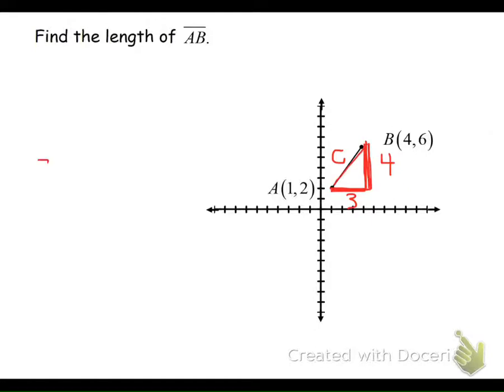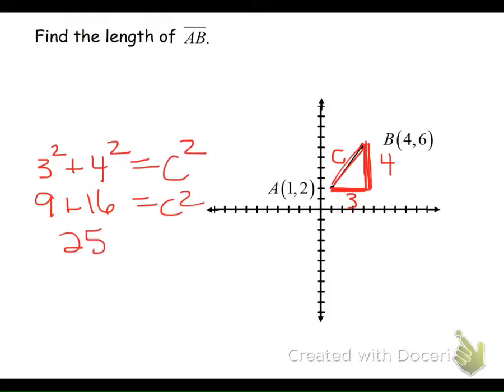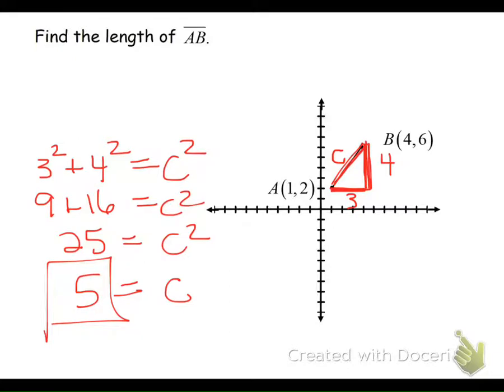A squared plus b squared is equal to c squared, where c is what I'm trying to find. 3 squared is 9, 4 squared is 16. Add those up, you get 25. Take the square root of both sides, and c is 5. So the length of AB, the answer to the question, that length is 5.